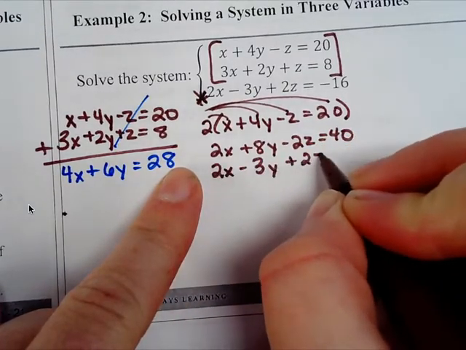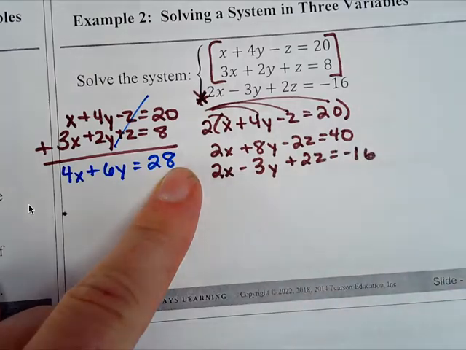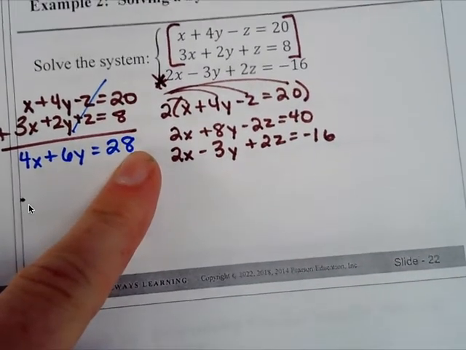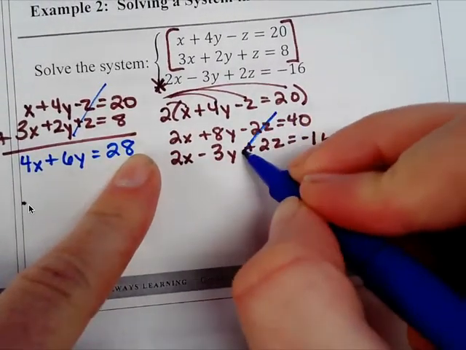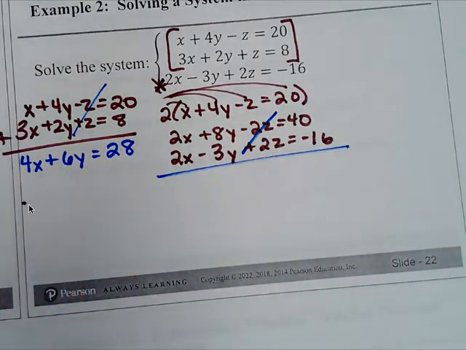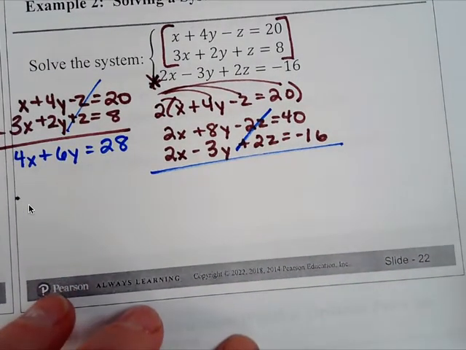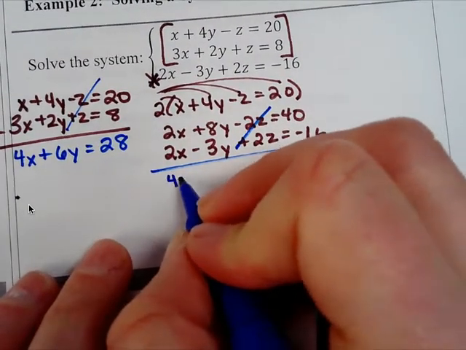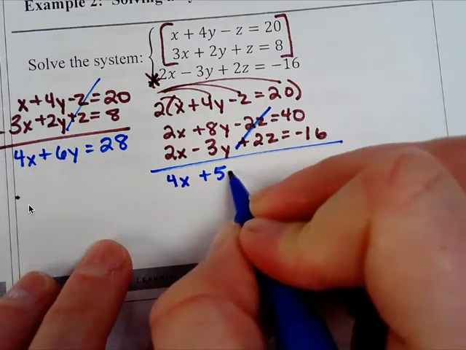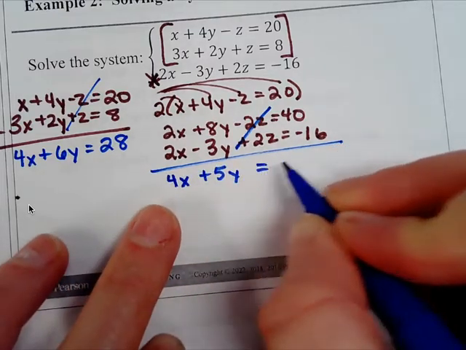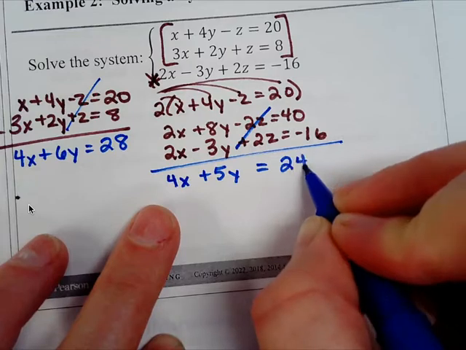Because look at my z's. Do you see how the z's cancel? That whole grouping cancels. So now I have 4x plus 5y equals 24.